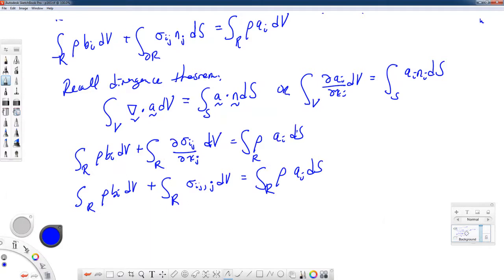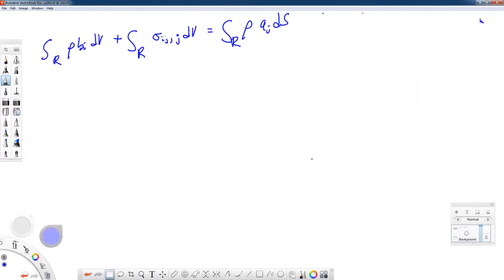We make a little bit more room. At this point, we can collect like terms. Okay, they're all volume integrals. So I'm going to lead off with the stress term: the integral of sigma_ij,j plus rho b_i minus rho a_i dV is equal to 0.